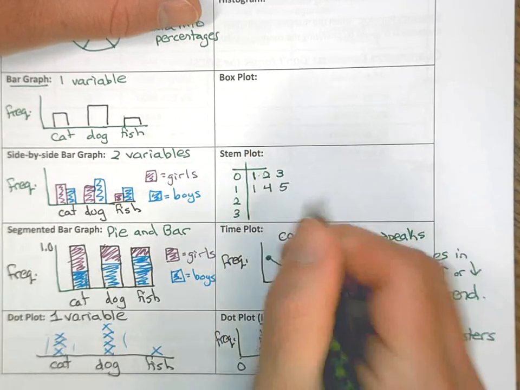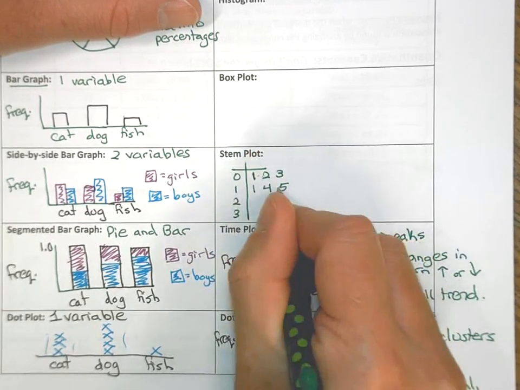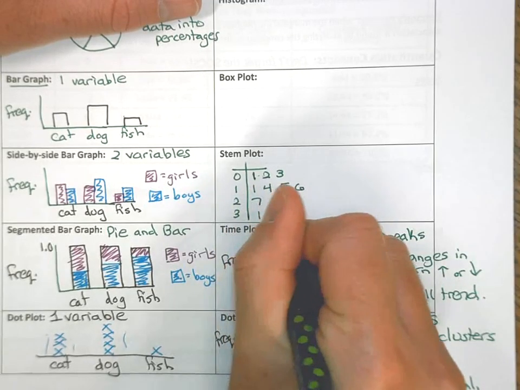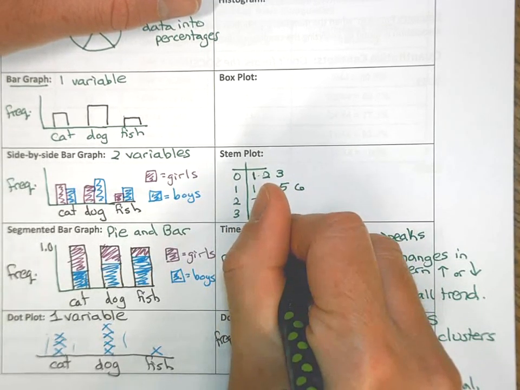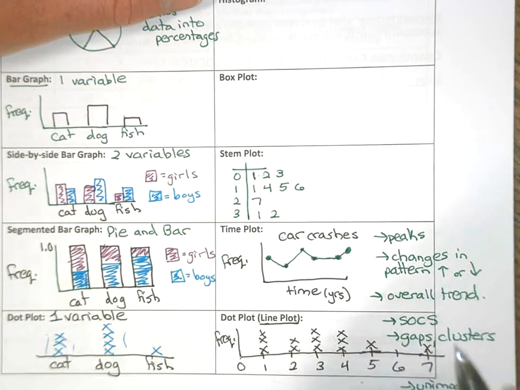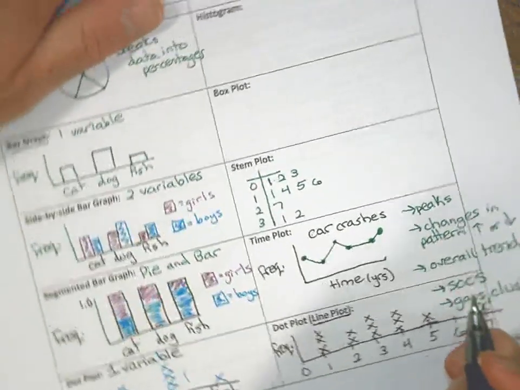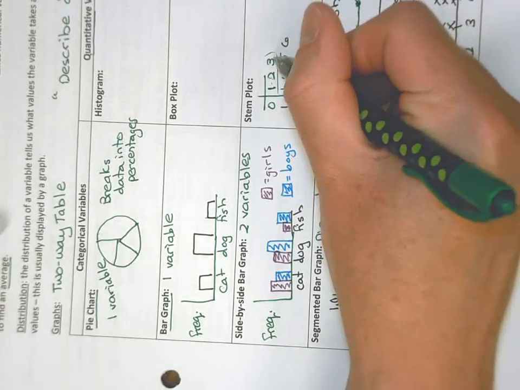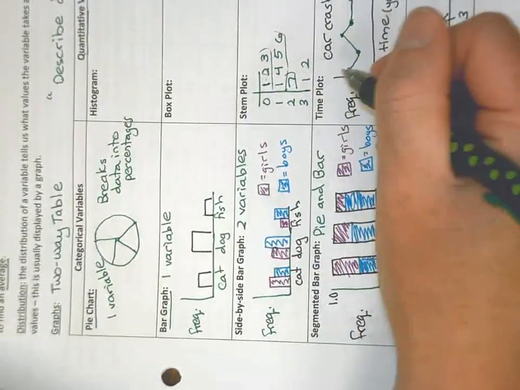Remember, they go in ascending order as you go up. And we haven't gotten to histogram yet, but the nice thing with your stem plot is if you turn it to the side and you put bars around it, it becomes that histogram.